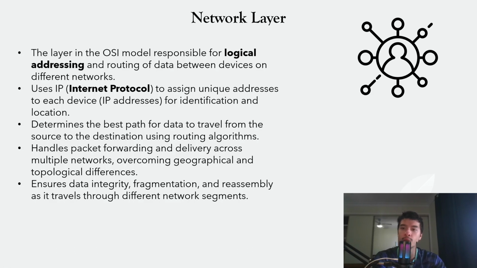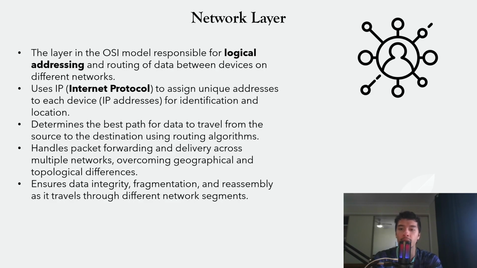Network layer: you've got logical addressing and routing between devices and different networks. This one basically assigns the source IP address and destination IP address, using the Internet Protocol to identify them. Determines the best path to travel from source to destination using routing algorithms. We'll go over that in later videos. Handles packet forwarding and delivery across multiple networks, overcoming geographical and topology differences.